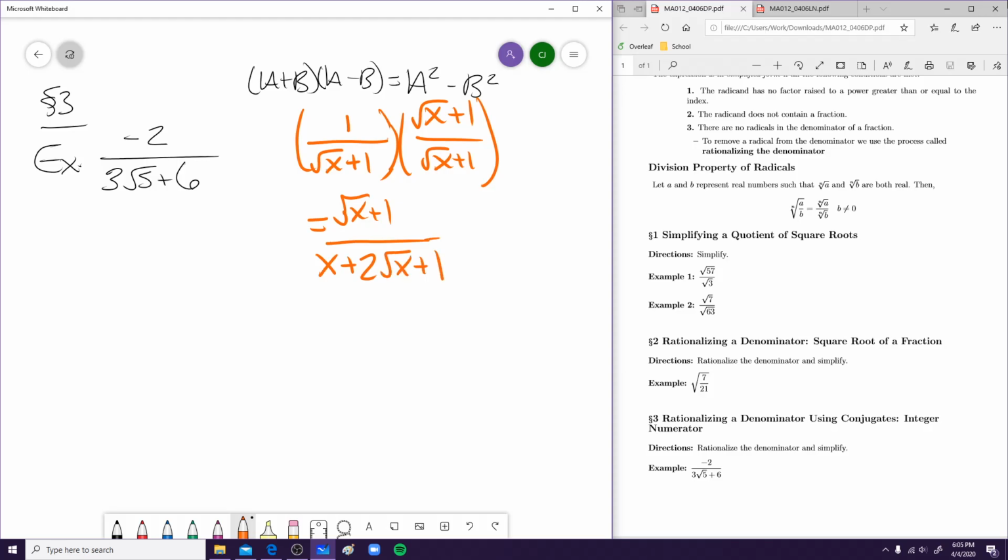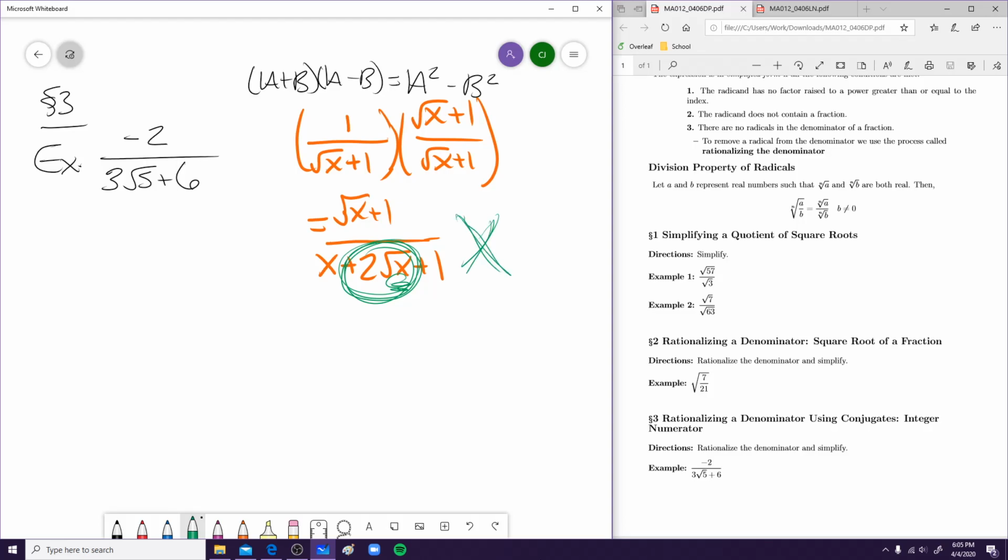We got rid of the square root under the x for the first term, and there's no square root here. But as you can see, right in the middle, there is still a square root. And that is a big no-no, because what does the third condition say? It says no radicals in the denominator. All we did was make our situation worse, right? So that is why we don't do that.